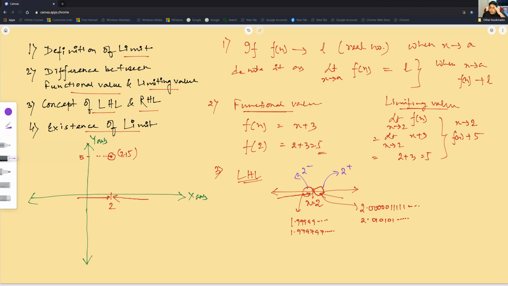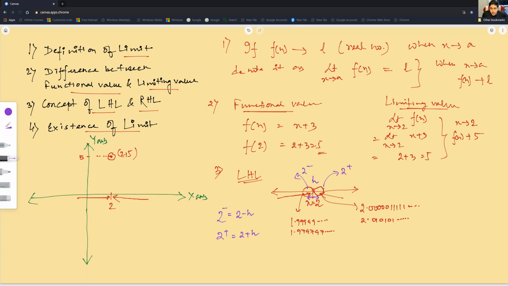Understood? So if I say that the distance of that cloud point from that exact point is h, then that 2 minus is nothing but 2 minus h, and that 2 plus is nothing but 2 plus h.